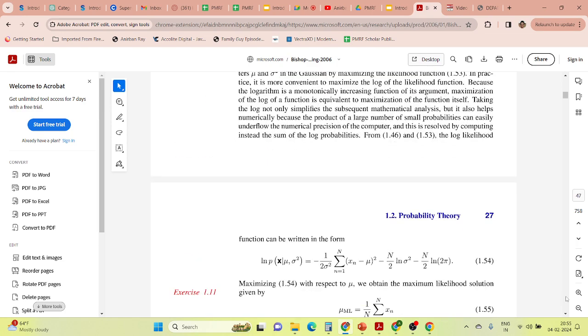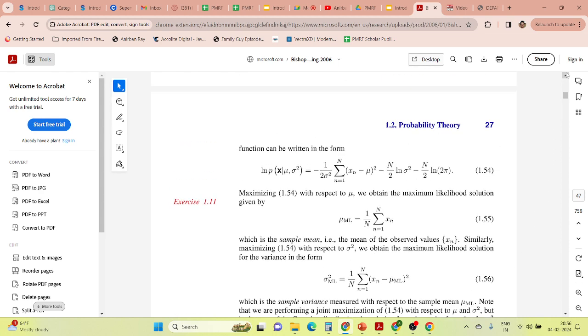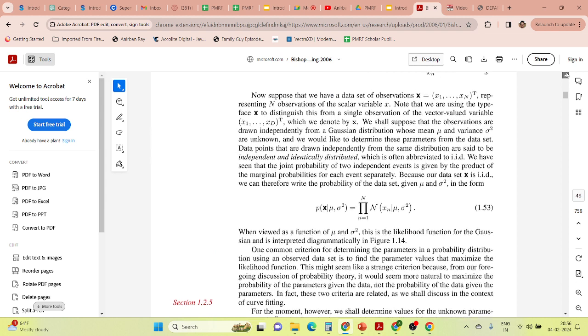Okay, sir, I missed that. Yes, sir, there is in the Bishop as well. Maybe more explanatory, maybe easier to understand. Okay, you can use this one for reference.